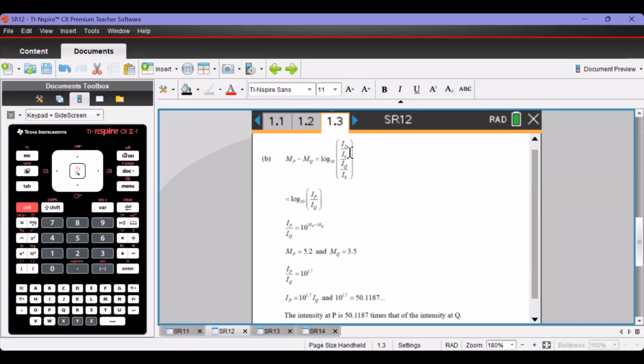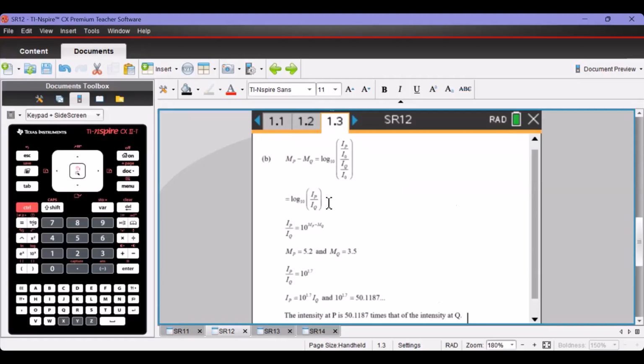We can simplify the right-hand side by noting that I naught, which is the constant, cancels. And so we can write the difference MP minus MQ as log to the base 10 of IP on IQ.